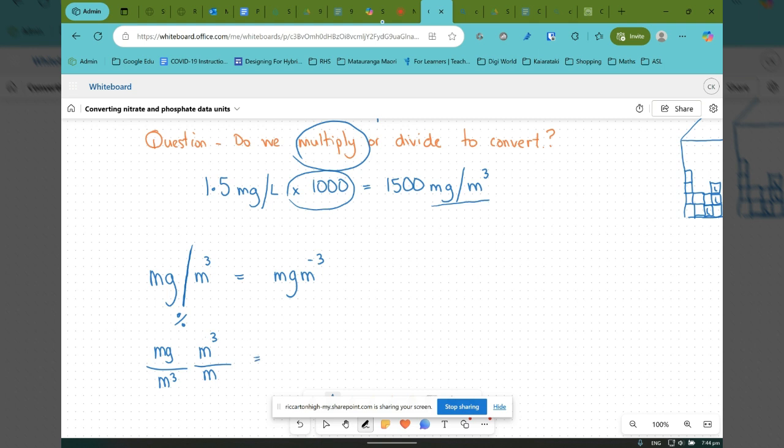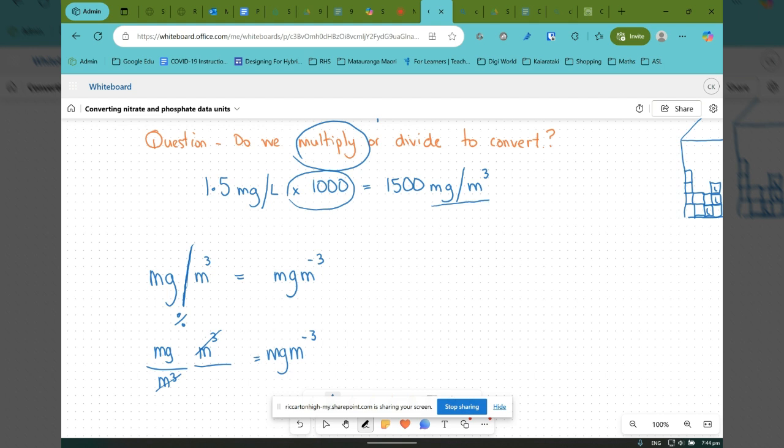So this would be the opposite of timesing it by a metre cubed, which is timesing it by a metre to the negative 3. Does that make sense? Then these cancel out. And then we end up with milligrams per metre cubed. Does that make sense? I hope it does. It's all to do with writing it all on one line rather than having this long per line. Okay, anyway, these are both the same thing, and that's mathematically how you get to that point.